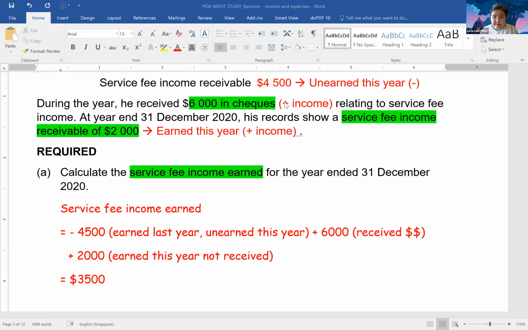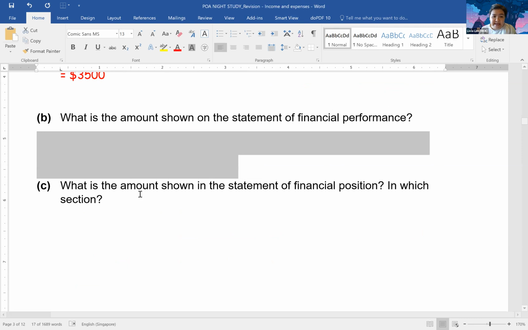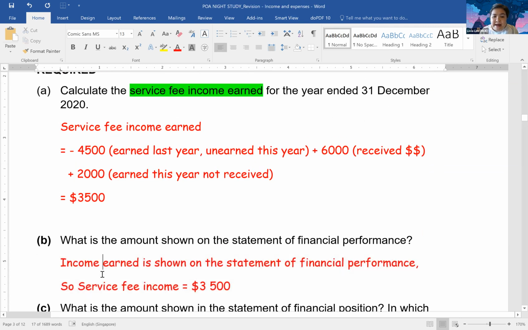Okay, so what is the amount that is shown on the statement of financial performance? The amount shown on the statement of financial performance is this $3,500. Whatever income that you have earned is the amount that is going to be shown in the statement of financial performance. So your service fee income is 3,500.